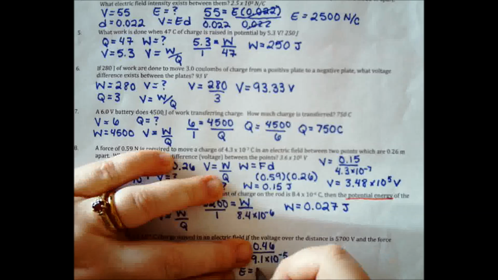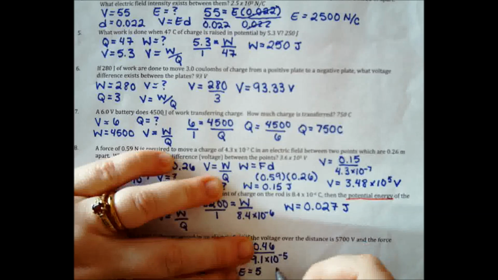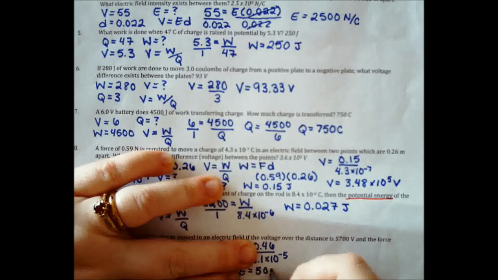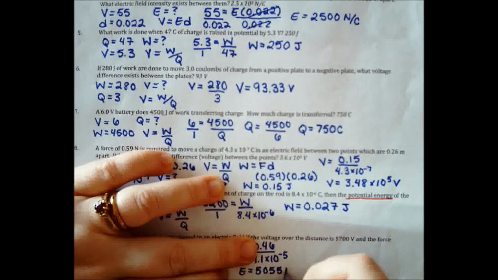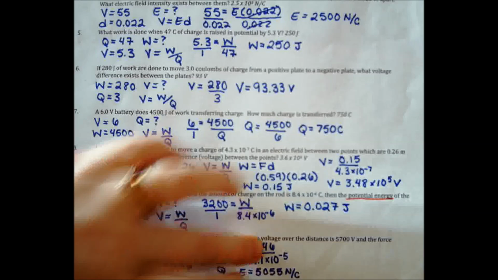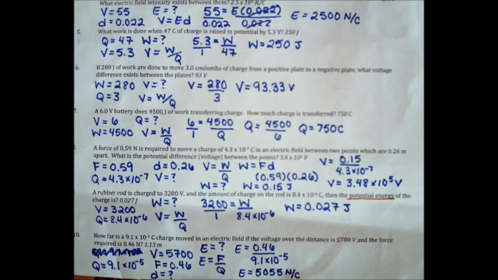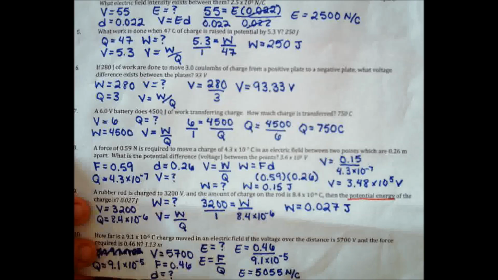I'm going to get 5,055, which you could write as 5.1 times 10 to the third. Whatever. It changes the answer slightly depending on how it's rounded.